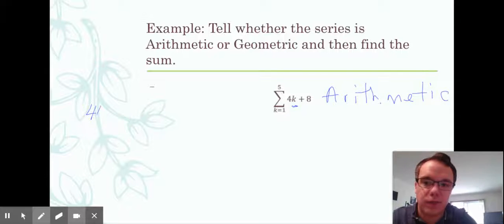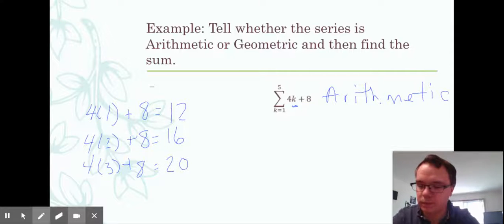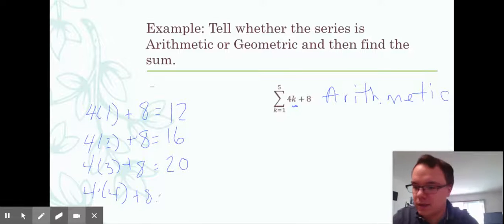So if I take 4 times 1 and I add 8, I will have 12. If I take 4 times 2 and I add 8, I have 16. If I take 4 times 3 and I add 8, I will have 20. If I take 4 times 4 and I add 8, I have 24.